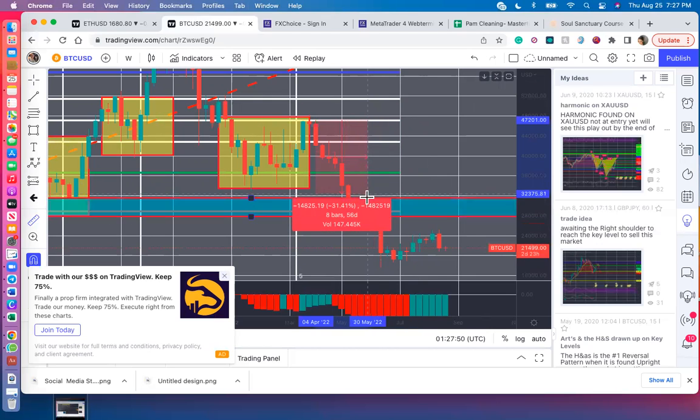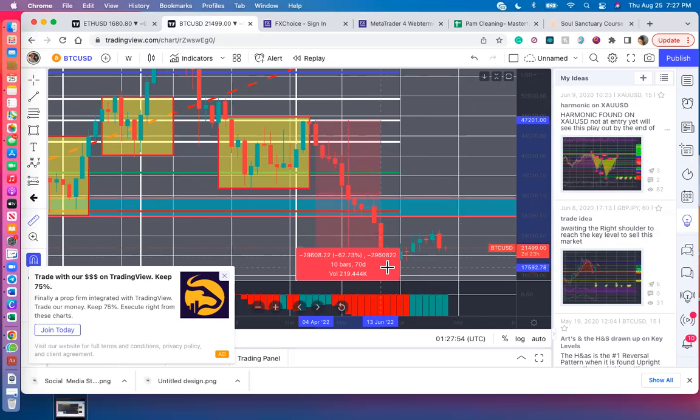You would have seen this candle there, and you would have got back in. That entire move was almost 30,000 pips, guys. That's a lot if you had caught it here, right?